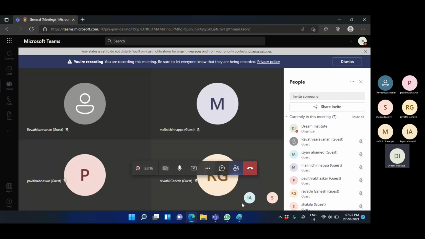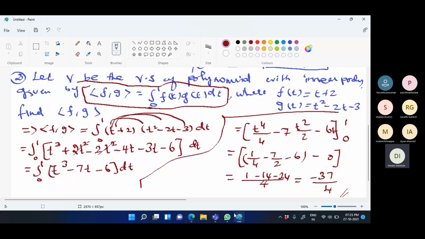Have you got a screen? Is the screen visible to everyone? Yes, sir.